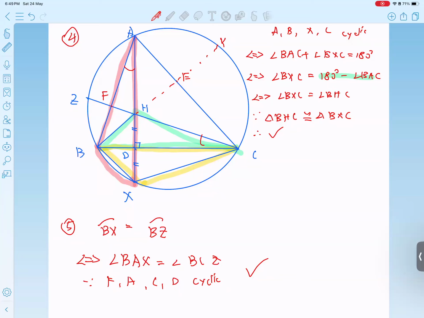In fact, since H is the incenter of triangle DEF, and since DEF is similar to XYZ, because it's a homothety at center H, we're talking about homothety in a further lecture, of factor 2, you have H is the incenter of XYZ.